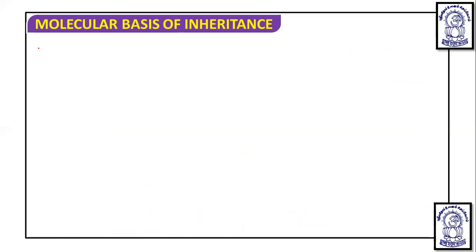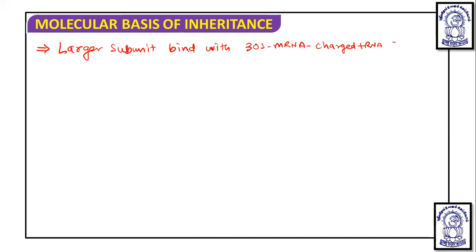So after this, what happens in chain initiation? The larger subunit binds with the 30S mRNA charged tRNA complex. So here the diagram will look somewhat like this. This is the mRNA.